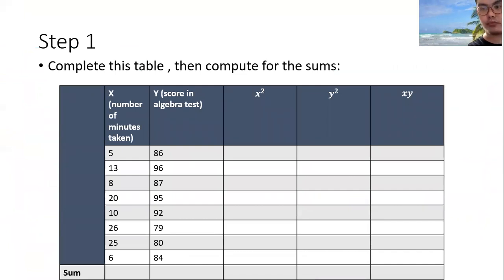Dating gawin. So we're going to compute. What we are going to do here is highlight.